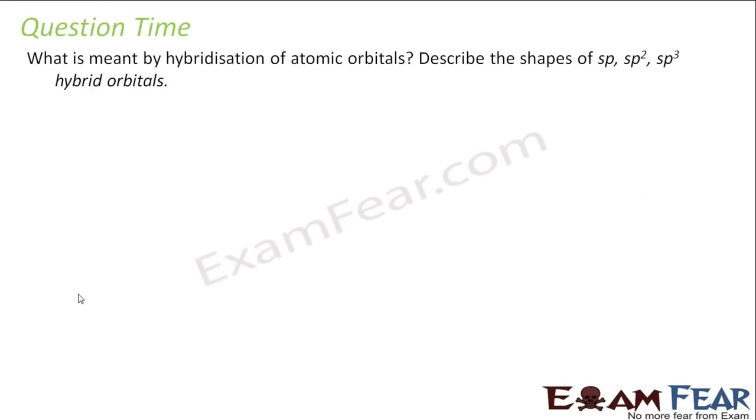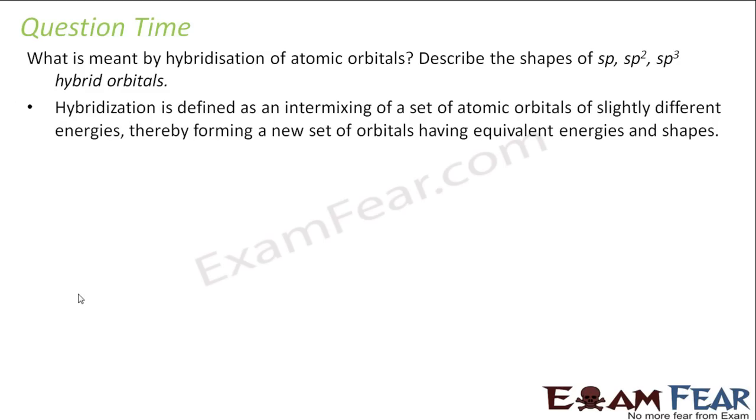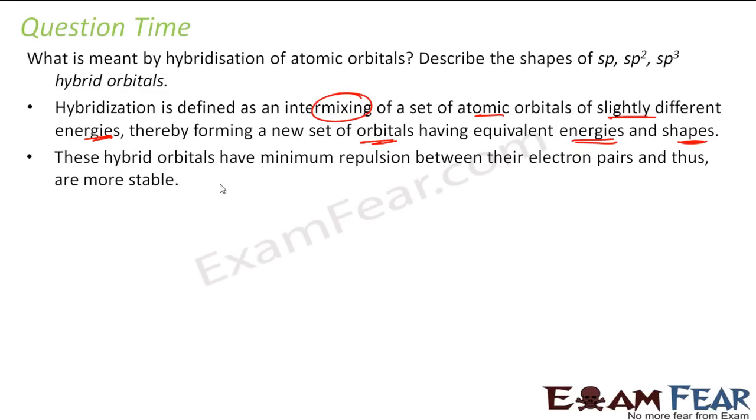What is meant by hybridization? Describe the shapes of sp, sp2 and sp3 hybrid orbitals. Hybridization is nothing but intermixing of atomic orbitals of slightly different energies, forming a new set of orbitals of same energy and shape, right? And the hybrid orbitals have minimum repulsion between the electron pairs and these are more stable.